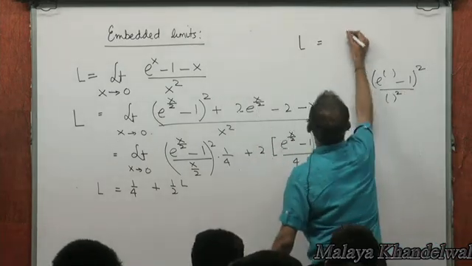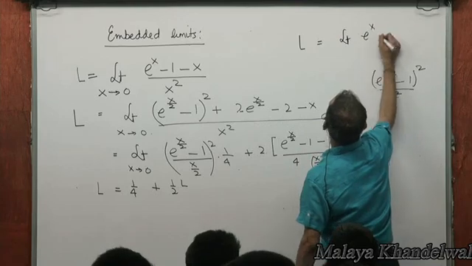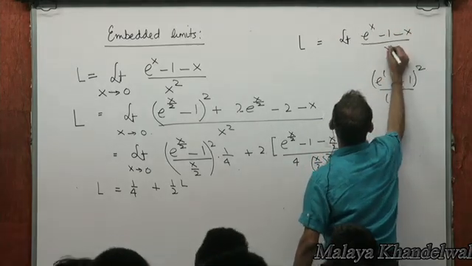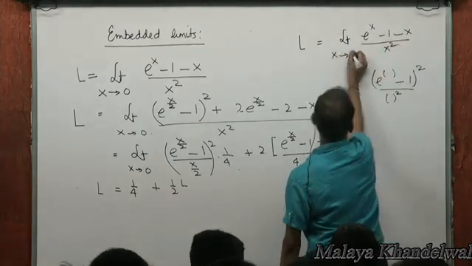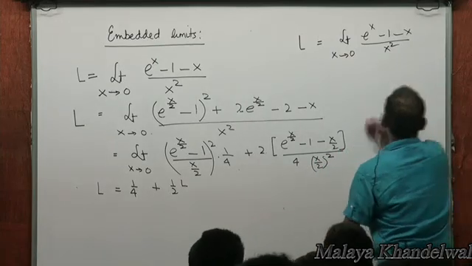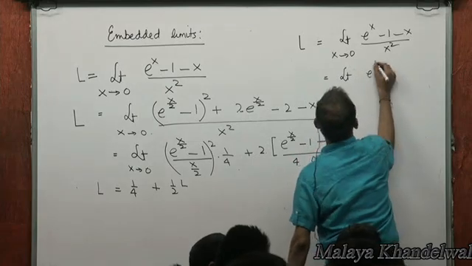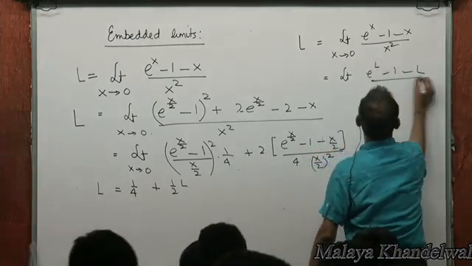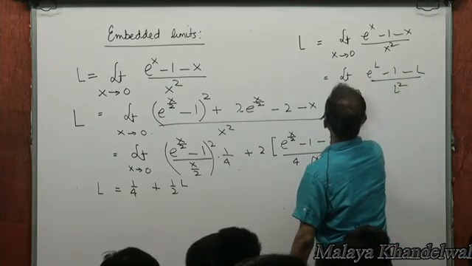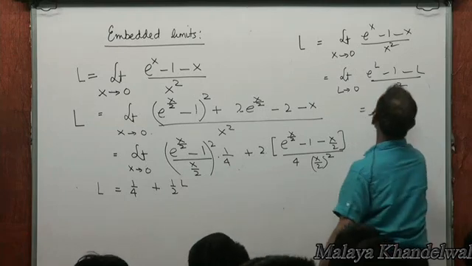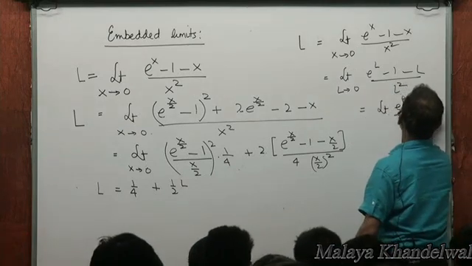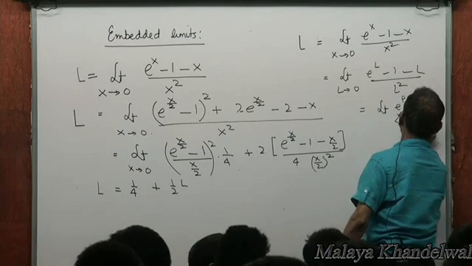If this is L, what is this limit? E power x minus 1 minus x by x squared as x tends to 0. Right? This is the same as saying that this is like limit e power London minus 1 minus London by London squared as London tends to 0. This is the same as e power Patna minus 1 minus Patna by Patna squared, as Patna tends to 0.